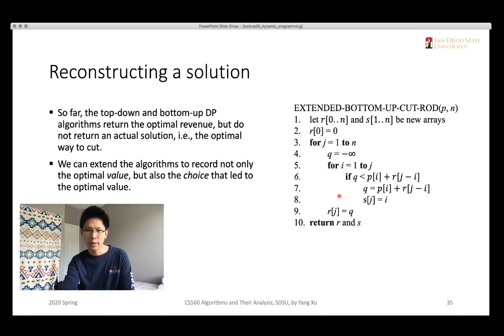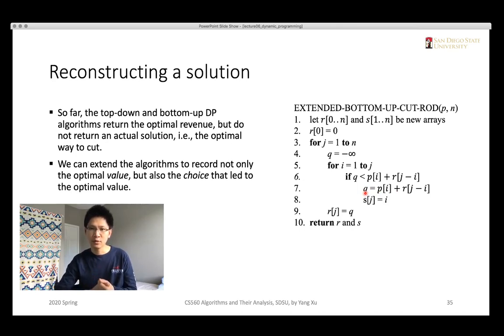So what we do at line 8 is this: after we have computed a new candidate for q, which is the price of length i plus the optimal cutting result on the remainder subproblem of length j minus i, that means in order to obtain q, we need to cut at position i for the subproblem of size j.